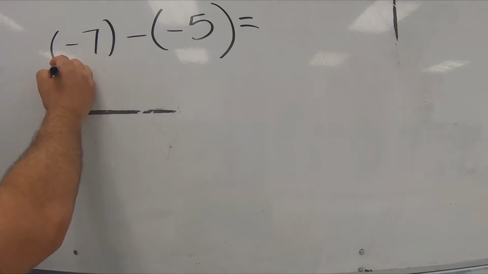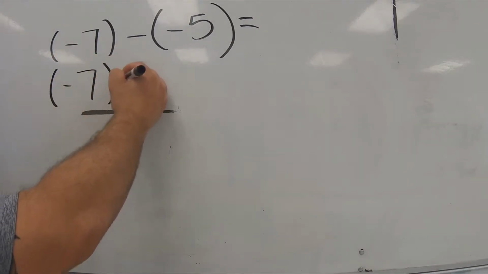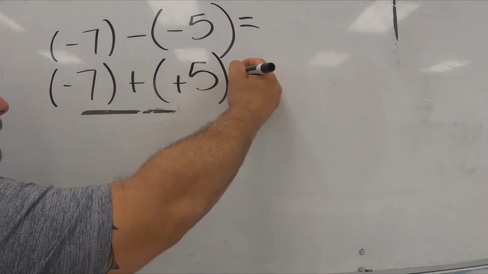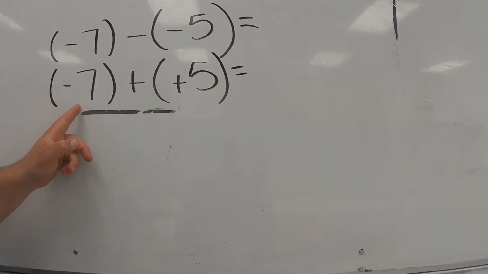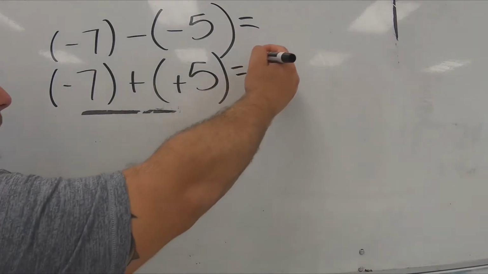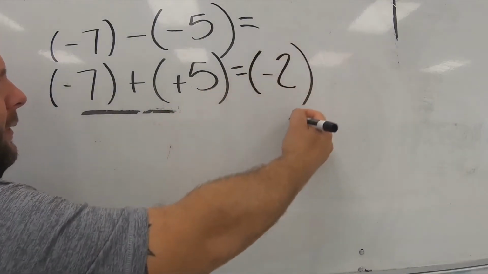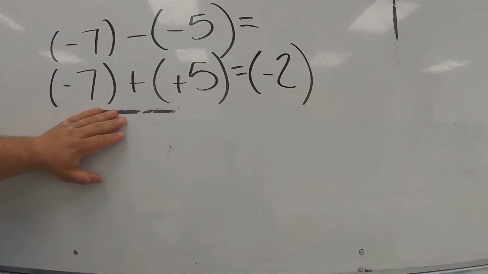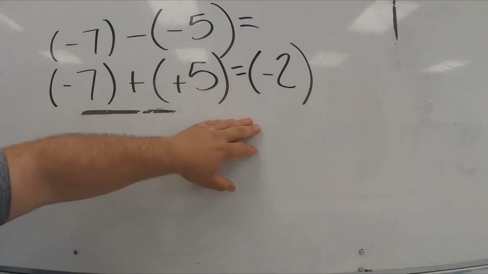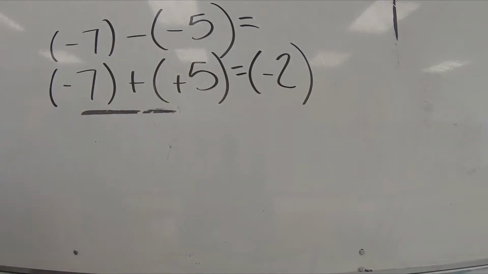So if we wanted to do this without modeling it, we could just rewrite the operation to add the positive. -7 plus +5 equals -2. I had 7 negatives, I added 5 positives, but canceled out 5 of those negatives, and I'm left with -2. Modeling this out can be a little bit trickier.